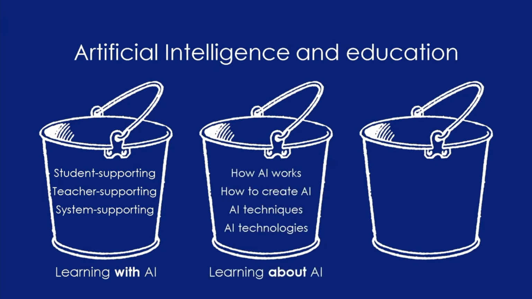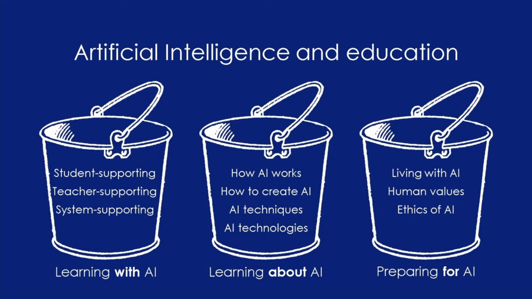And then we have learning about AI. So how does AI work? What are its techniques, its technologies, useful things for our students as they move through their future lives to understand what it actually does? And the third is what I call preparing for AI.